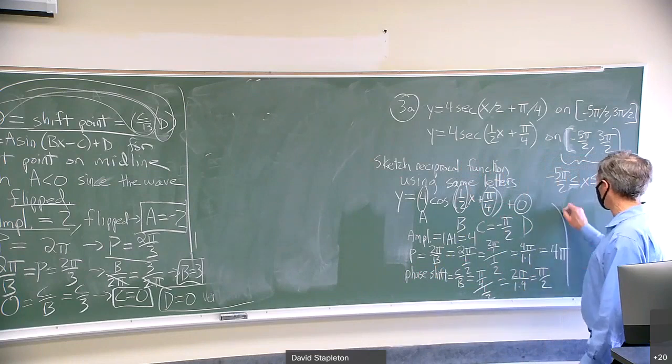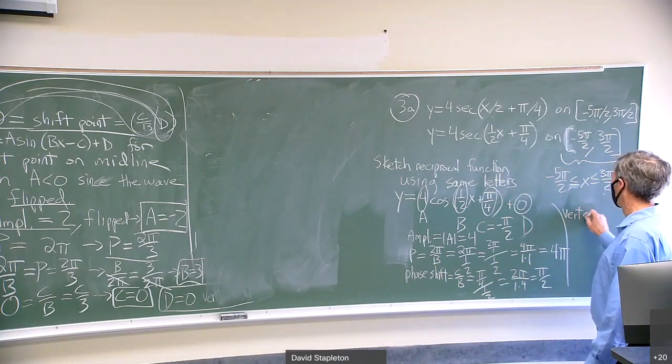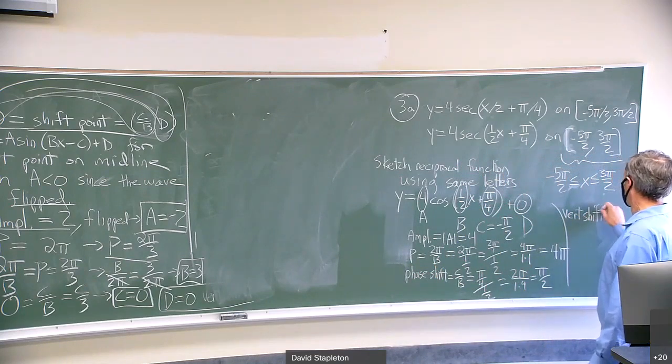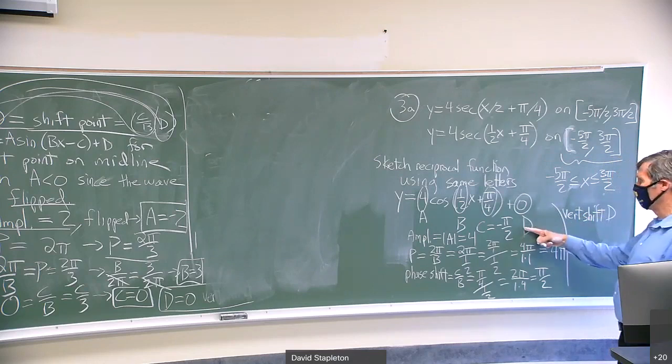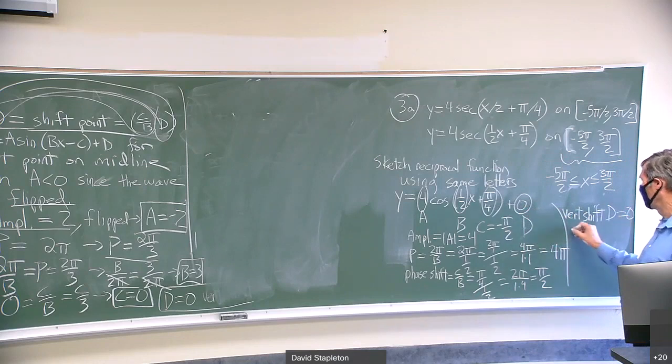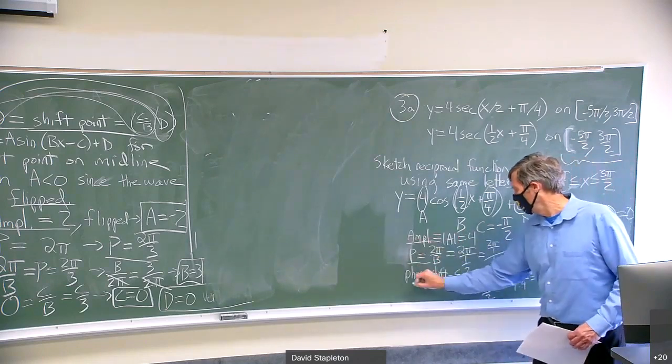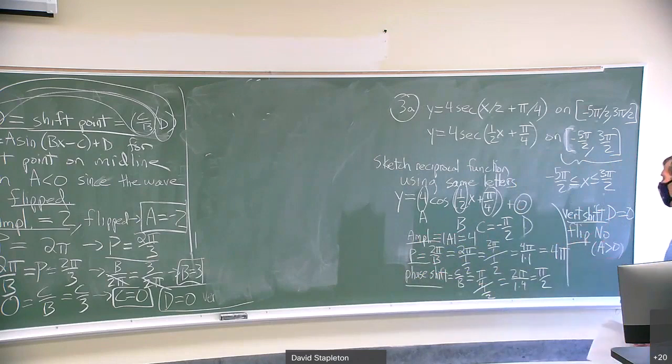Then there's a vertical shift of D. That's 0, so there's no vertical shift. Flip? No, because A is positive. So there's the 5 properties: amplitude, period, phase shift, vertical shift, and flip.